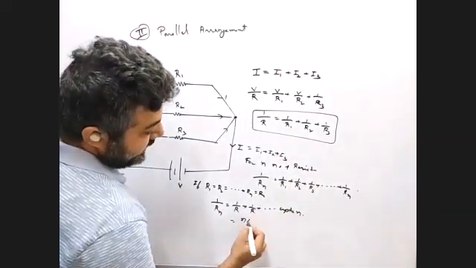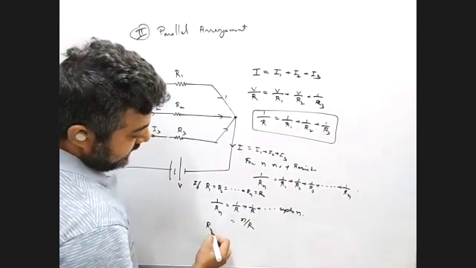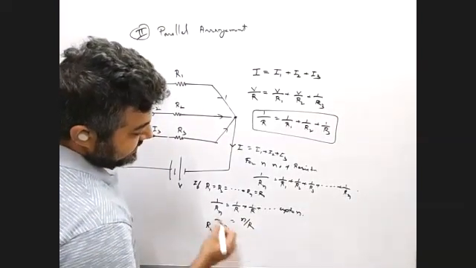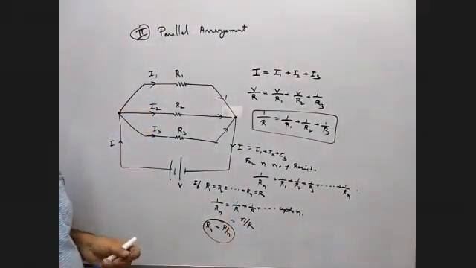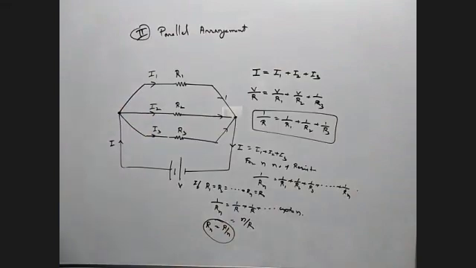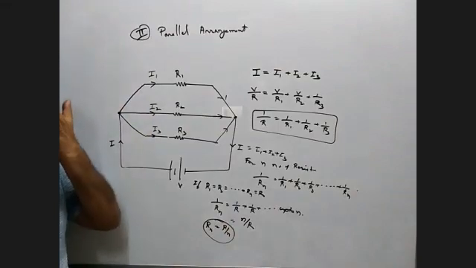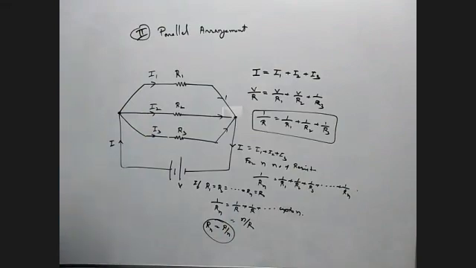So N by R, so Rp is R by N. That means sometimes you can use this instantly. Like if you have 10 resistances of 10 ohm, what is the equivalent resistance? You can write 10 by 10. If you have 20 ohm resistance each, and you have 5 such resistances, so 20 by 5, you can write the direct answer if they are the same.